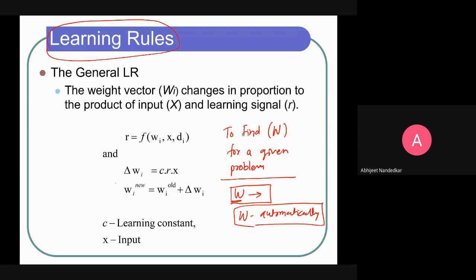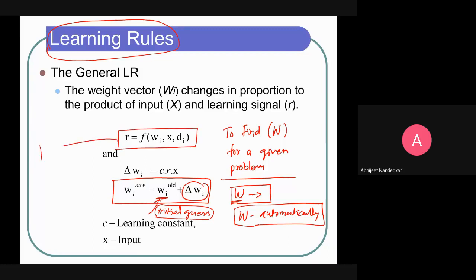The general form to obtain the weight vector is like this. This W old is the initial guess. This will be assumed randomly. Since I don't know the W, I will assume it randomly. Then I will compute delta W based on a certain rule.